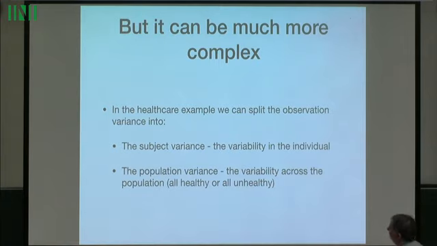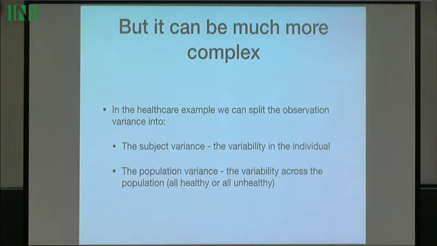But actually, the observation variance can get a lot more complicated than that. If we go back to our healthcare example, we can split that observation variance, which has a multitude of sins packed into it. There's the subject variance, the variance in the individual. If you take an MRI scan of my heart and then you take an MRI scan tomorrow, you're not going to get exactly the same data. There's variance there. But there's also the population variance. We're not really interested in particular individuals.